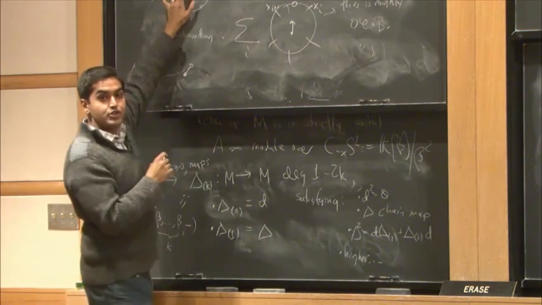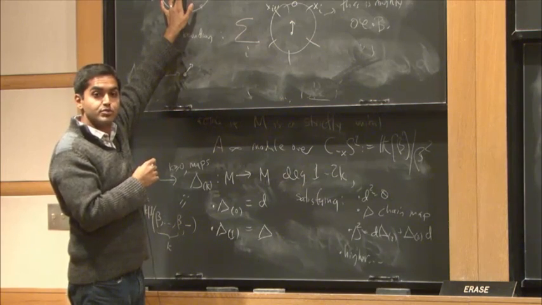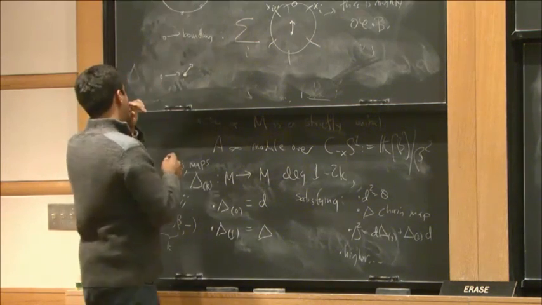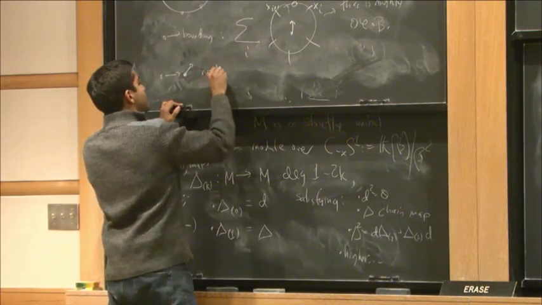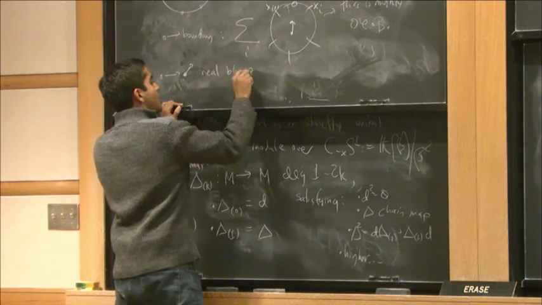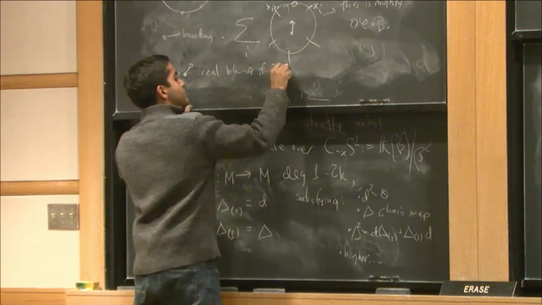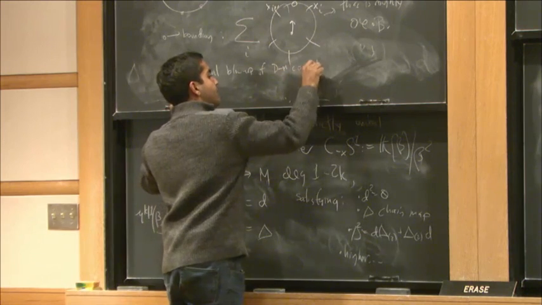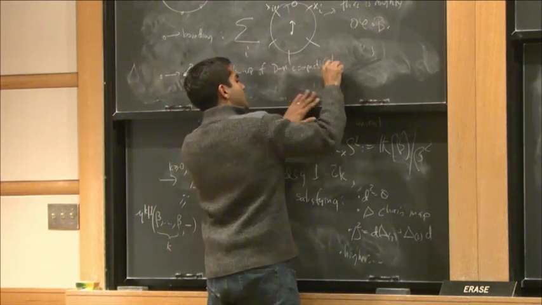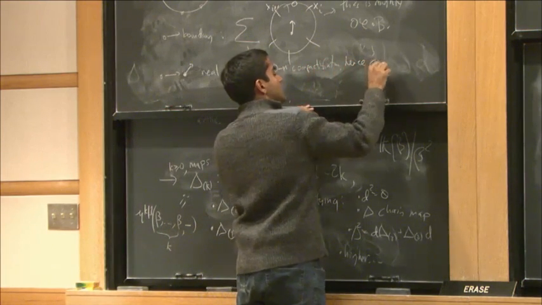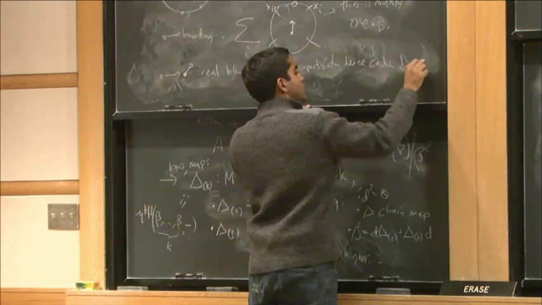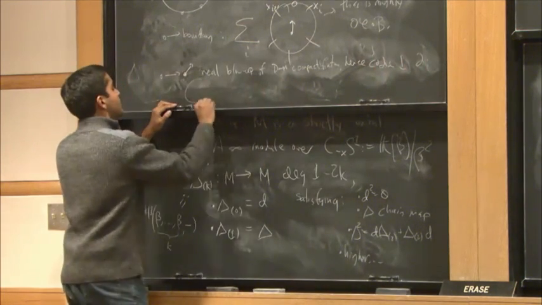So there actually is codimension 1 boundary as you approach this mark point.